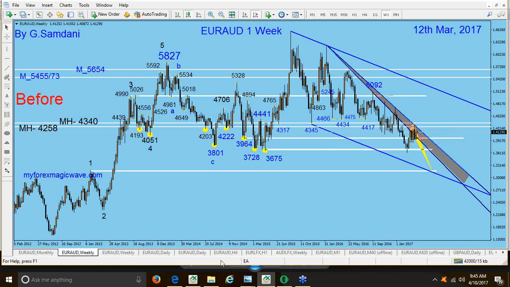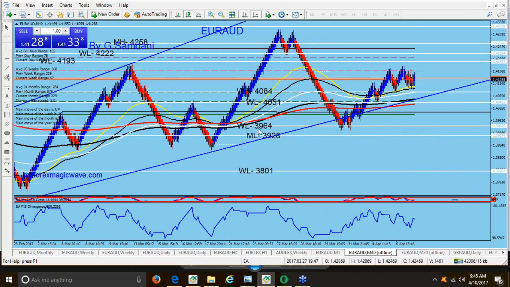So how does it look on the 40-minute chart? 3964 is this. You see how nicely it went up, it dropped exactly to 3964 again, and now it's bouncing and going up, and we are having support at 4084.